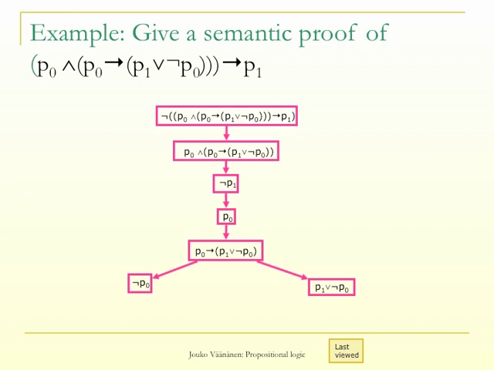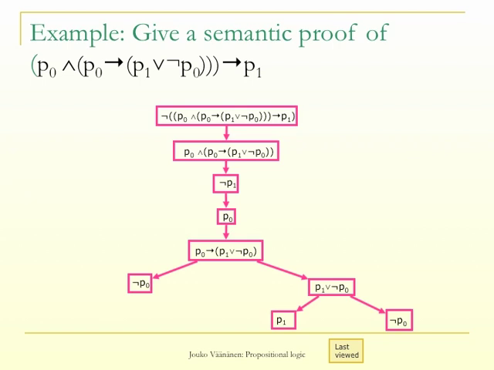On the right-hand side, we still have a disjunction, and although we can see that the leftmost branch is already closed, it has both not P0 and P0. The rightmost branch is not apparently closed yet, so we apply the disjunction rule and we split the tree here into P1 and not P0.